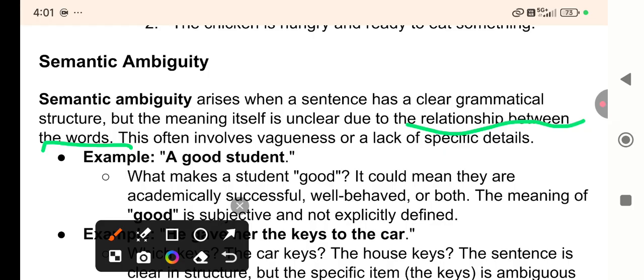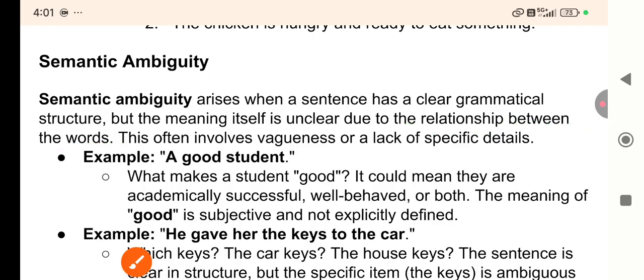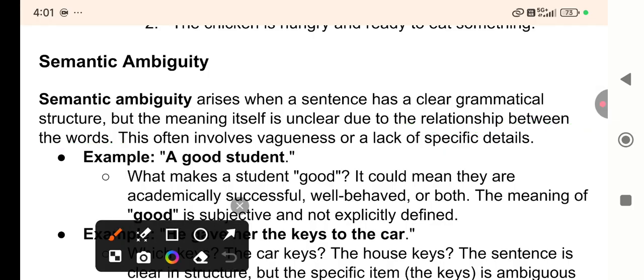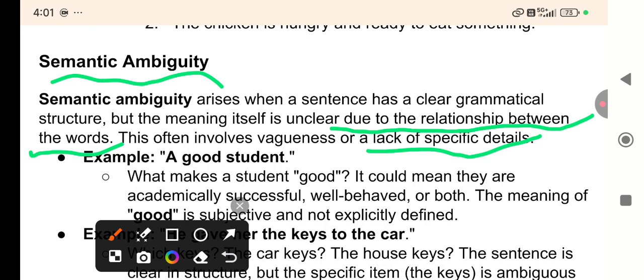So we have to take care of such problems, right? Because of a lack of details, the relationship between the words is not clear, and then semantic ambiguity occurs.